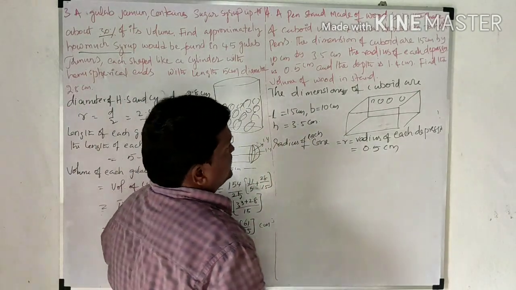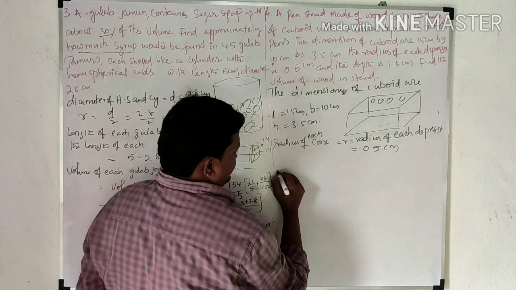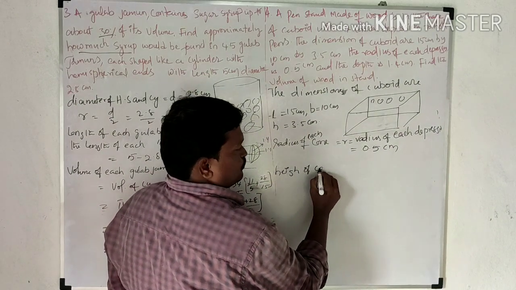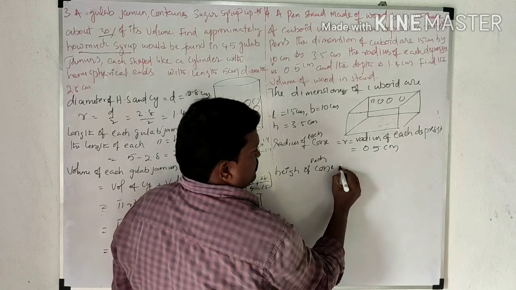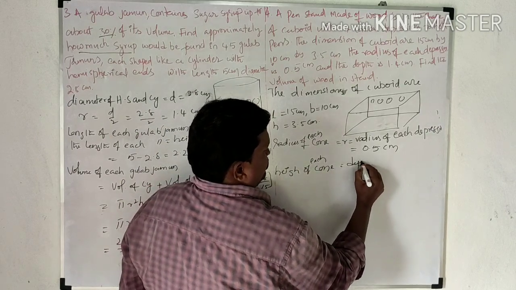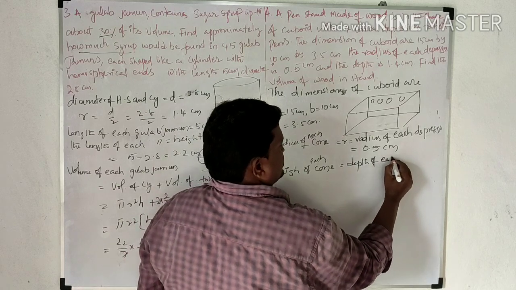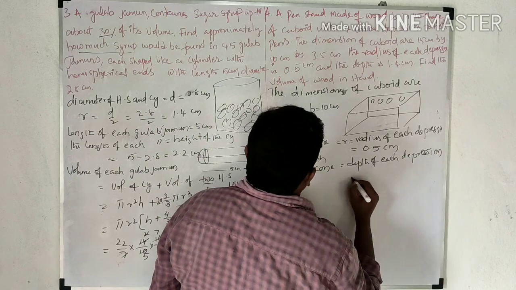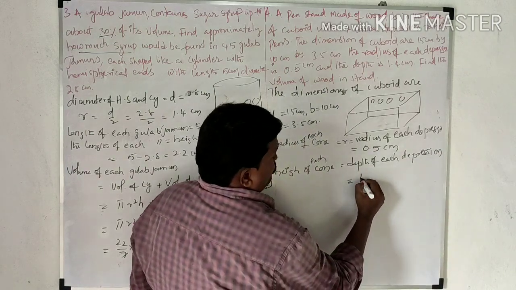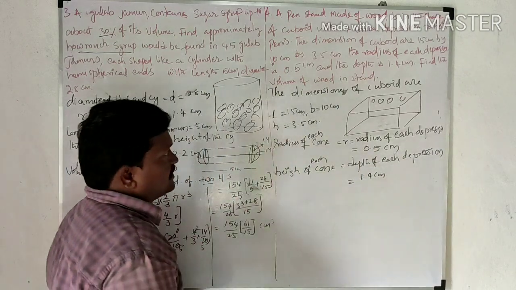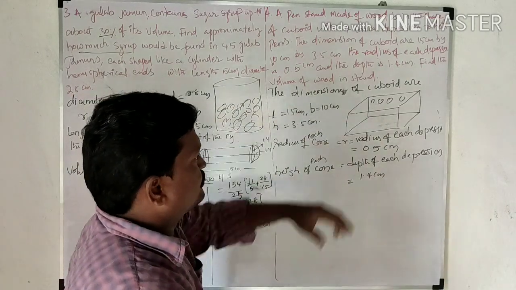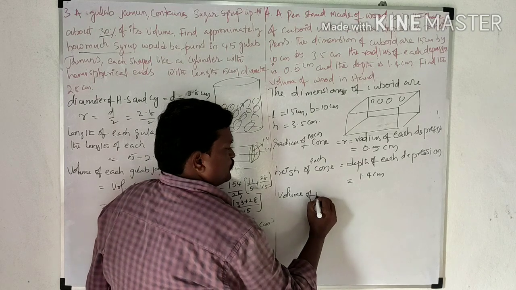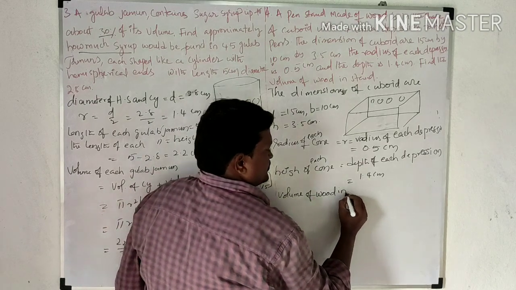And also it is given the depth or height. We need to find the volume of the cone. We need height. Height of each cone is equal to depth of each depression. How much is it given? It is given as 1.4 centimeters. Now find the volume of wood in the stand. Volume of wood in pen stand.